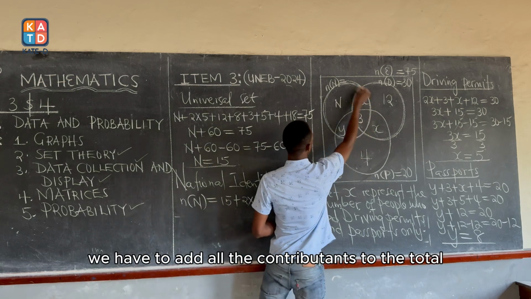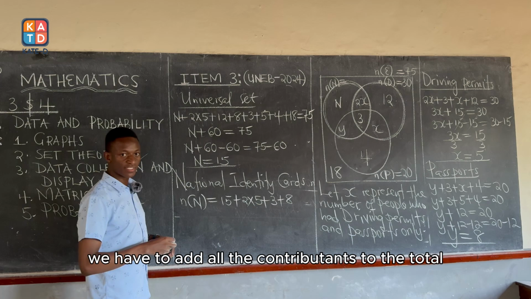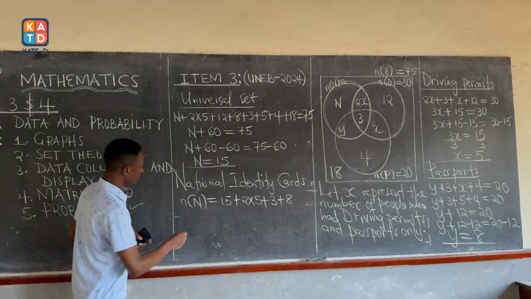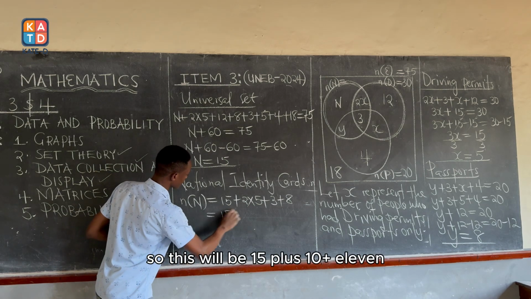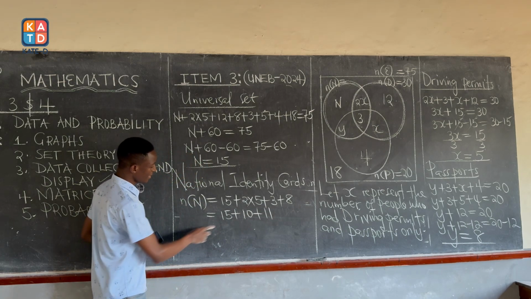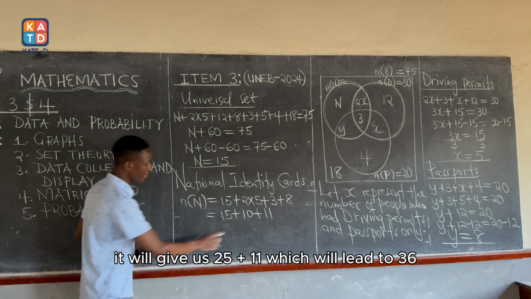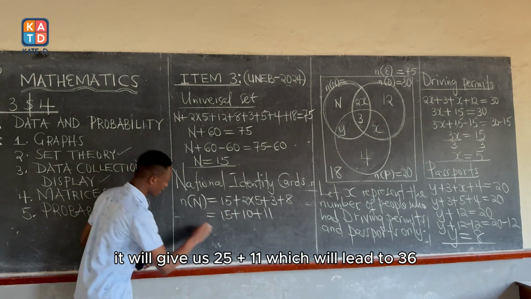In actual sense, we have to add all the contributors to the total. So this will be 15 plus 10 plus 11. When we add 15 plus 10, it will give us 25, plus 11, which will lead to 36 people.